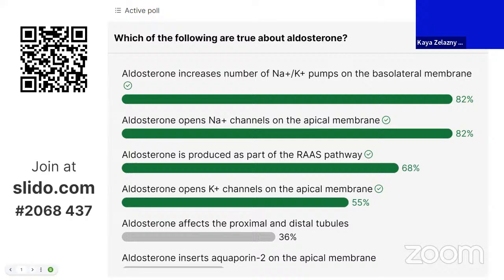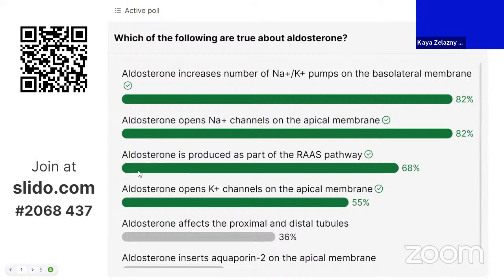Okay. What we've been focusing on first is how we adjust our sodium levels. So yes, aldosterone is associated with sodium reabsorption. And the way we can do that is having a sodium channel that allows sodium into the cell on that apical membrane. And then that sodium potassium pump on the basolateral membrane is going to let it get into the peritubular fluid and then into the blood.